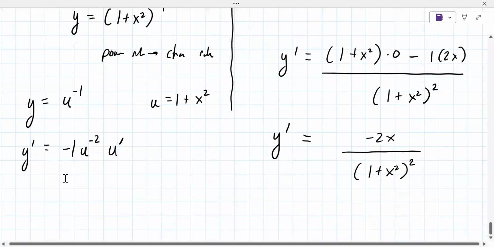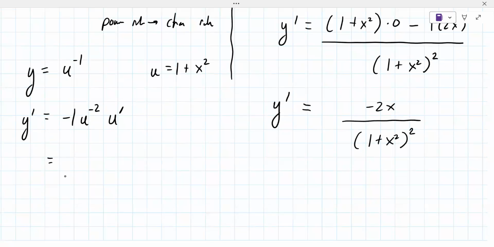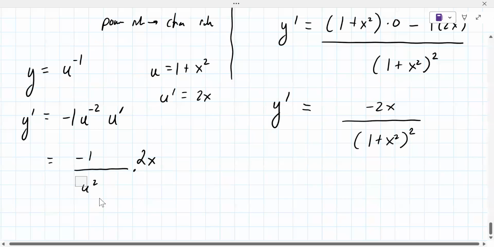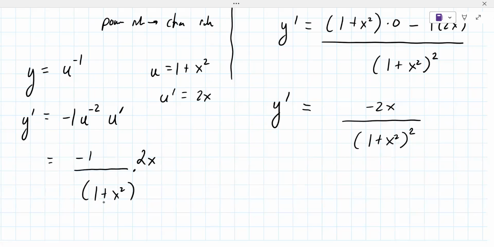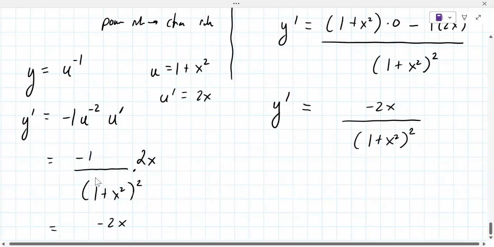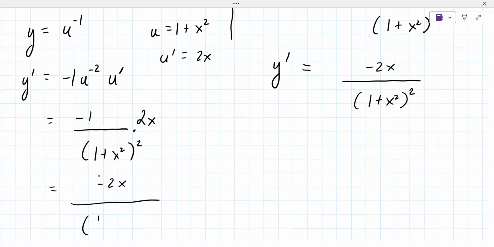Yeah. Okay. So this becomes -1 over u squared times u prime. Well, what's u prime? It's 2x. Now we start substituting in for u prime, 2x, and for u squared, it's 1 plus x squared. So it becomes -2x over 1 plus x squared squared.